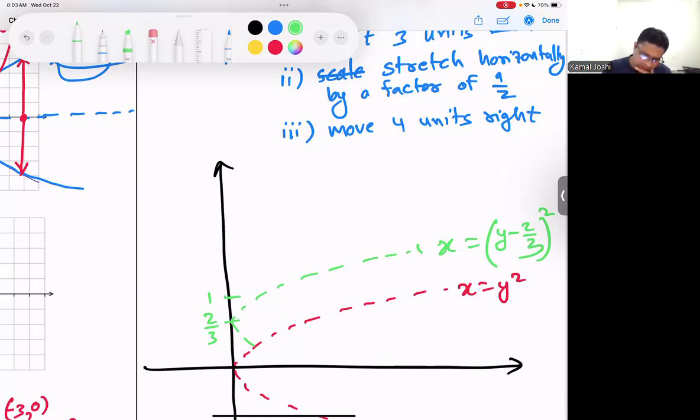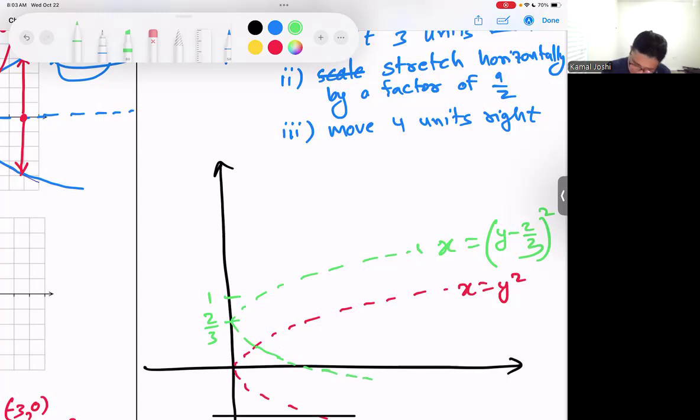One second. Plus minus root x, 2/3. The square root of 4/9 will be 2/3. Okay. So I'll do it like that.